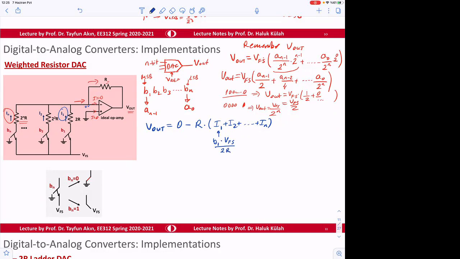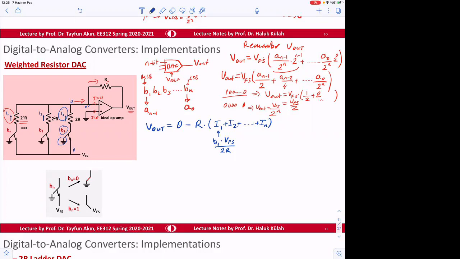Correct? If B1 is 0, then it's connected to ground. And how much current is going to be coming? 0 current. No current comes in here. Why? Because this is 0 volt, and if the other side is 0, no current is coming.